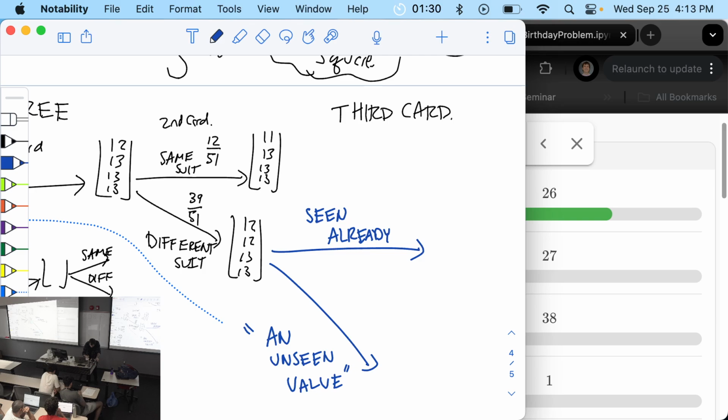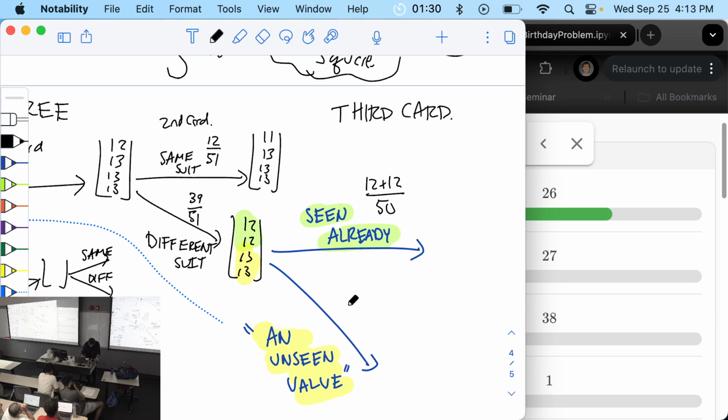So if you want to know if you've seen it already or if it's an unseen value, the thing you got to look at is two of the suits we've seen already, two of them we haven't seen already. So the ones we've seen already, there's 12 of each left. And the ones we haven't seen, there's 13 of each left. Those are the unseen values. So the chance of going to a seen already card is 12 plus 12 out of 50.